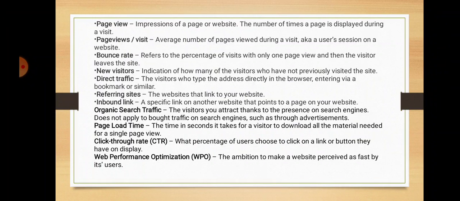Does not apply to paid traffic on search engines such as through advertisements. Then page load times, the time in seconds it takes for a visitor to download all the material needed for a single page view. Then click through rate, CTR, what percentage of users choose to click on a link or a button they have on the display.